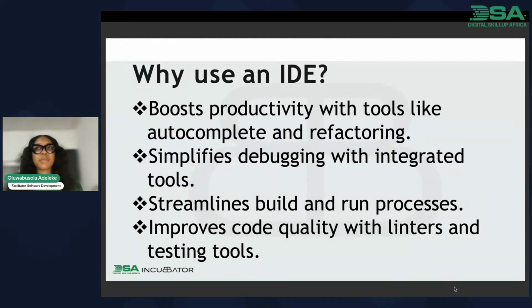Some linters are even available that when you define your classes for your TypeScript and your Tailwind CSS, if you have two classes, there are some linters that you can install that will underline it and say no, these two mean the same thing, and so you should remove one. So it helps you in terms of your code quality. It can also serve as testing tools.